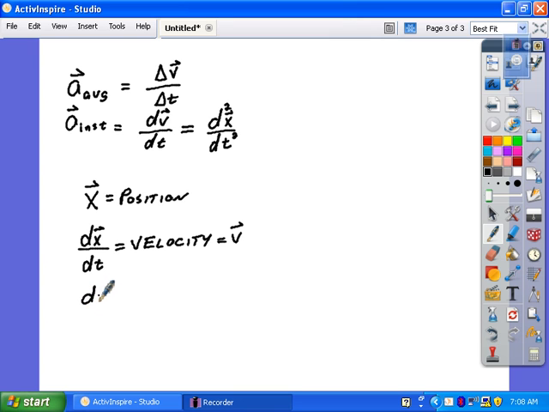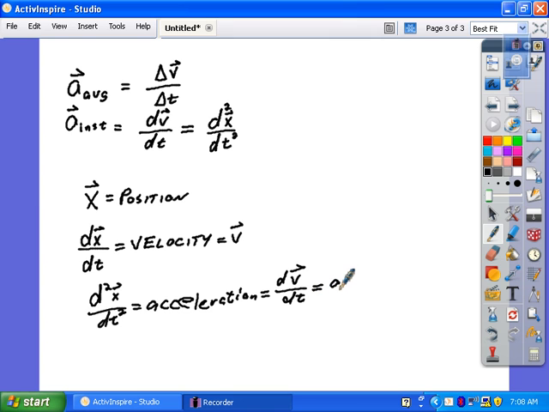And d squared x over dt squared is going to be acceleration, which is also dv over dt. And all that is going to also be equal to the vector A. Pardon my faux pas writing there.